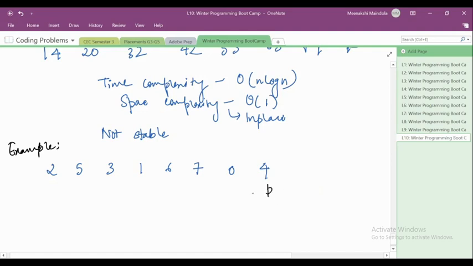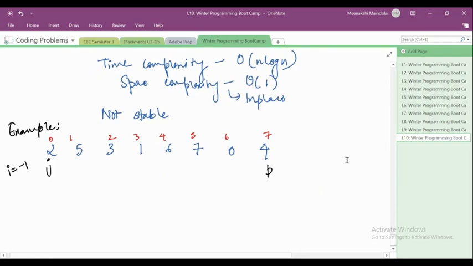If this is the pivot element and you start with j equal to 0, and you have i equal to -1, say, for here, and let me also write down the indexes. So you have... okay, so yes, move ahead and tell me what you will do, and after each iteration, how you will get a certain array arrangement.